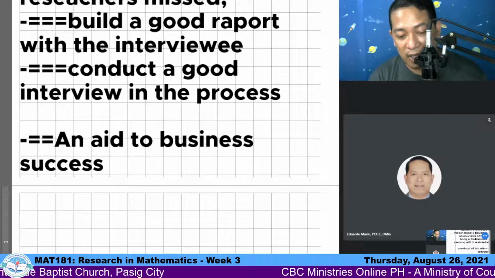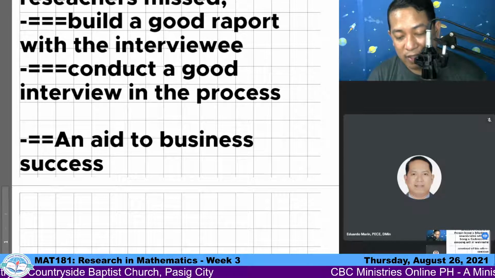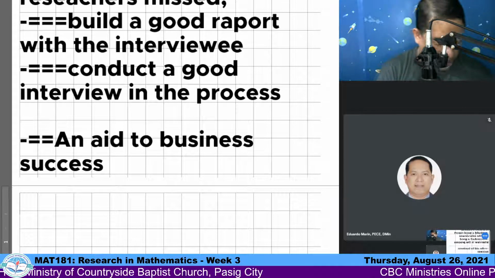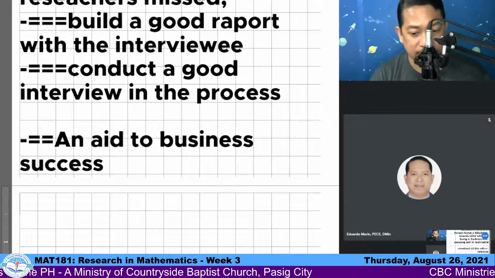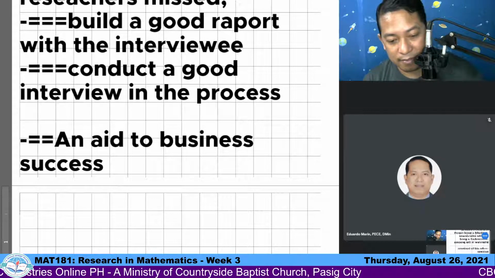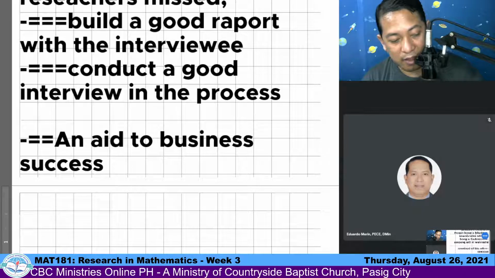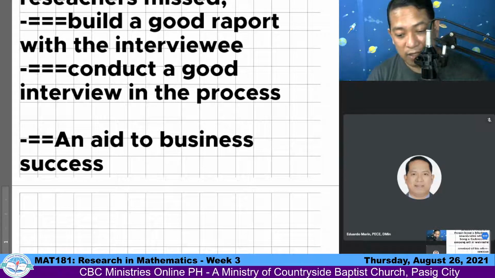So lahat ng yan ay utilizing research. Ayan po. So, mahalaga to. An aid to business success.